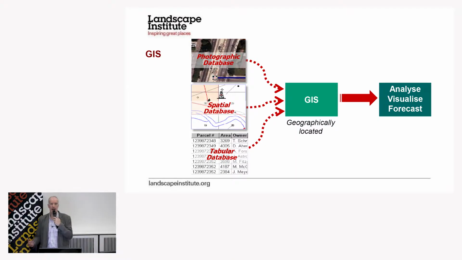When we start looking at GIS, what we're really looking at is pulling together information that describes a feature where it exists in the real world. And that can be through photographic information, spatial data, which is effectively a CAD-based layout with polylines and lines and circles and things like that, and tabulated information, the elements that describe that feature.